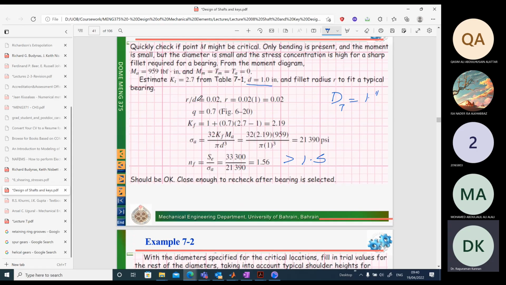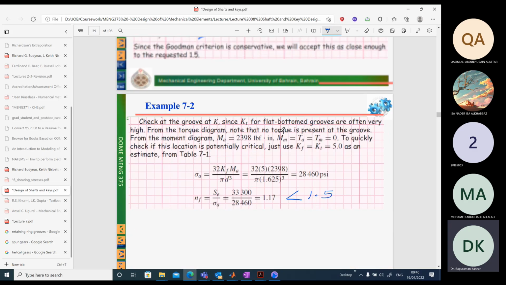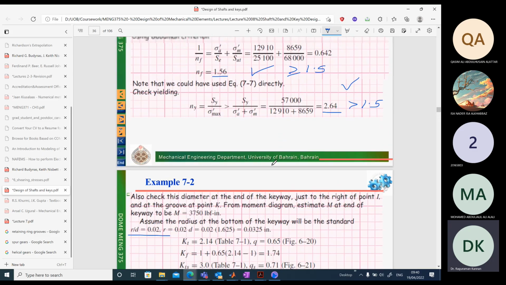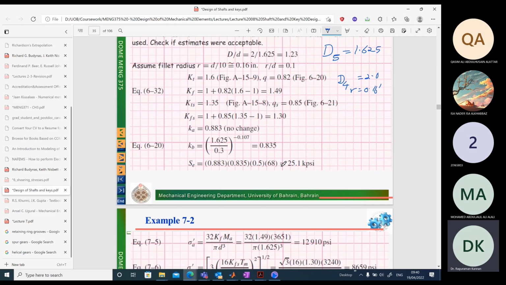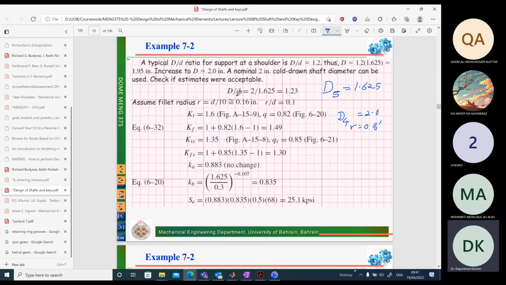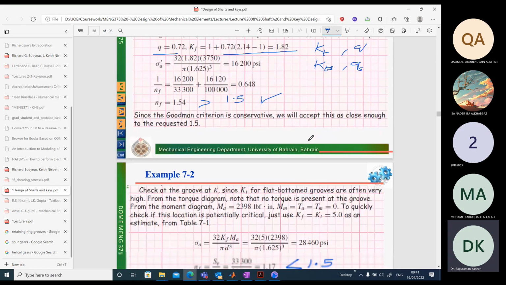Okay. Let's see. The previous case, if we go back, okay, so the capital D over small d, typical for supporting a shoulder, a typical value is 1.2.